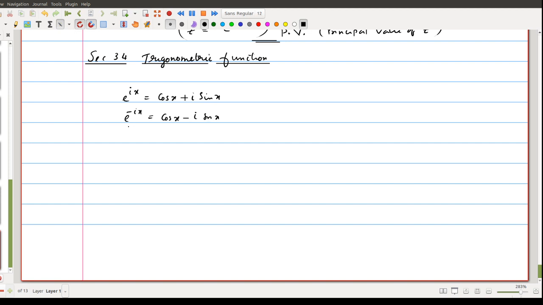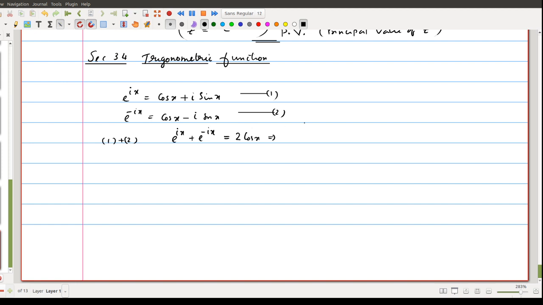Once you write this, we call it 1 and this is 2, and 1 plus 2 gives e power ix plus e power minus ix, that is the left hand side, which is equal to 2 times cos x.